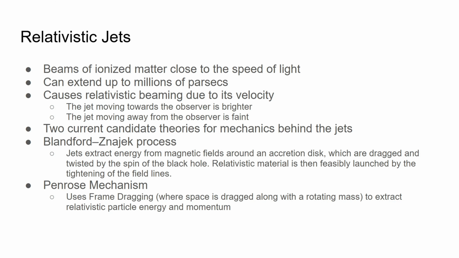The other theory is the Penrose mechanism, which uses frame dragging, which is where the space along the accretion disk is dragging as well, to extend relativistic particle energy and momentum. So basically, it shoots out.